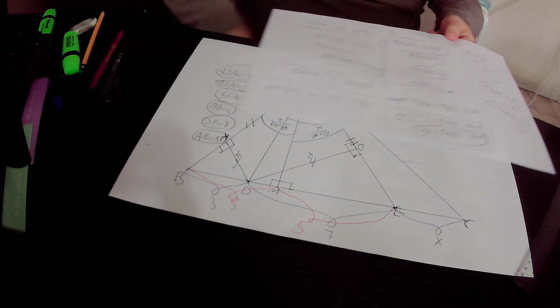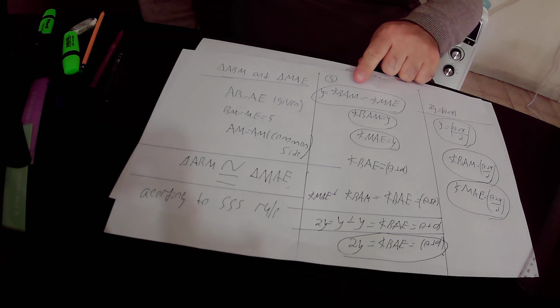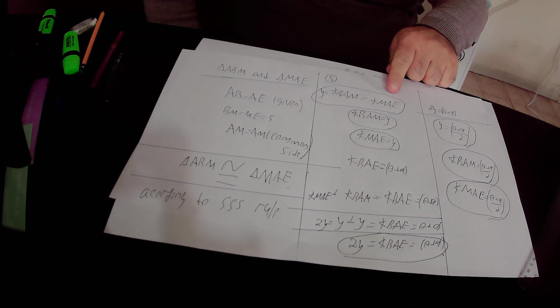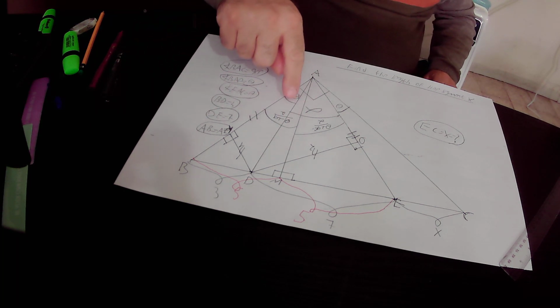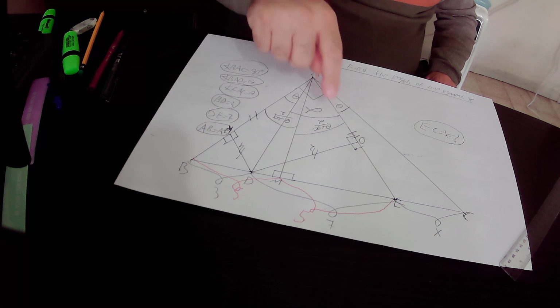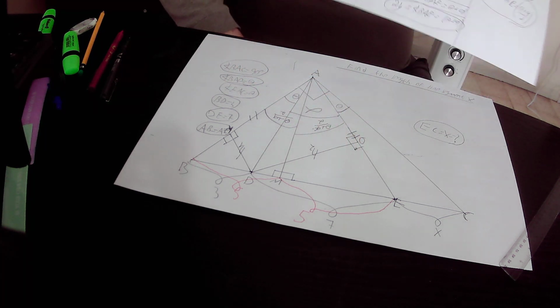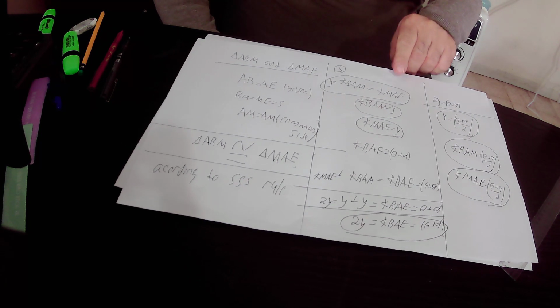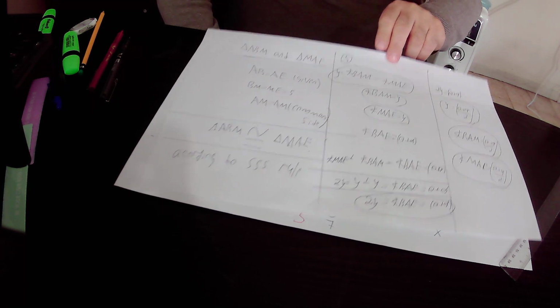From the fact that those two triangles can go into each other, we will conclude that angle BAM equals angle MAE. Angle BAM, this angle, is equal to angle MAE, this angle. According to the rule that corresponding angles in congruent triangles are equal to each other.